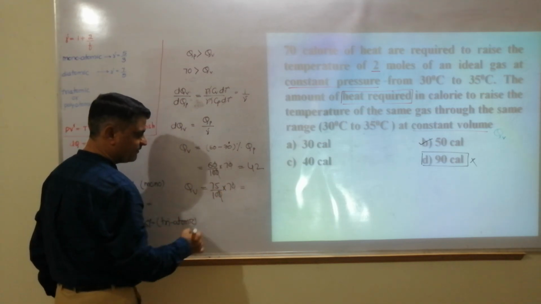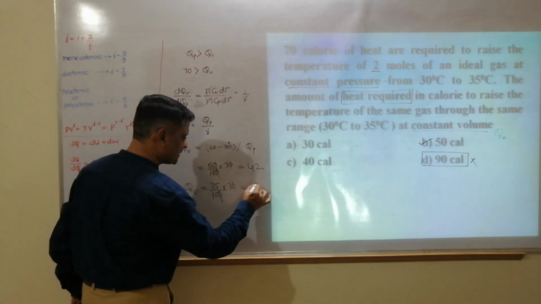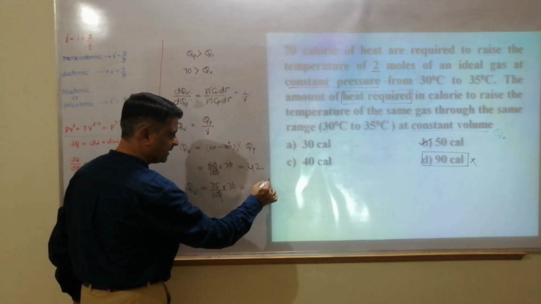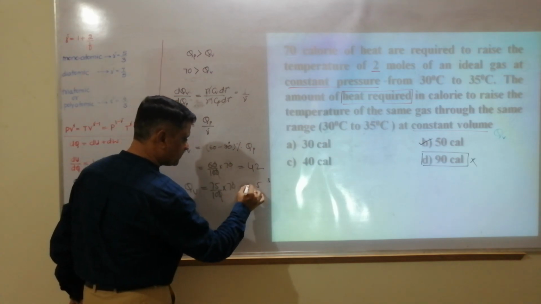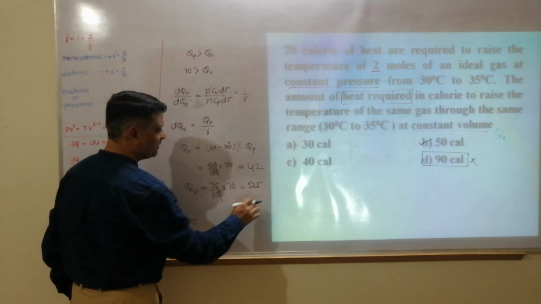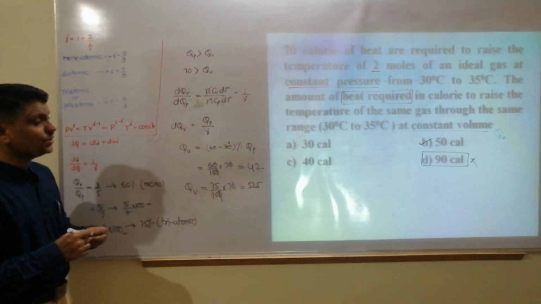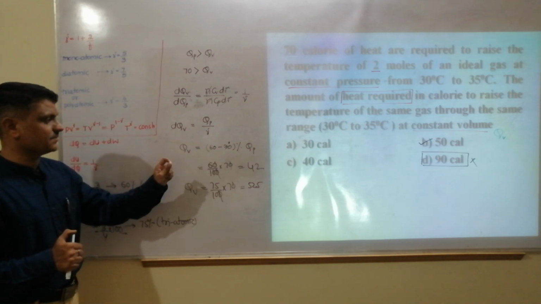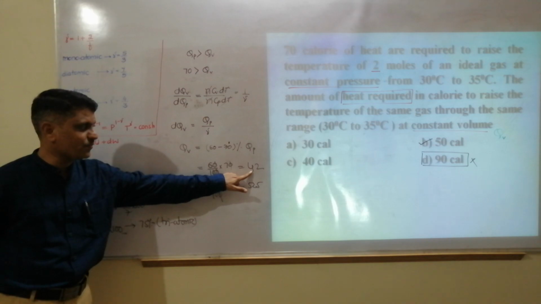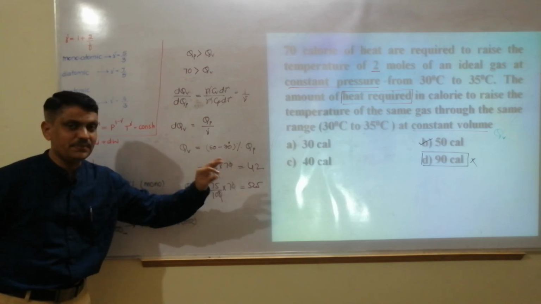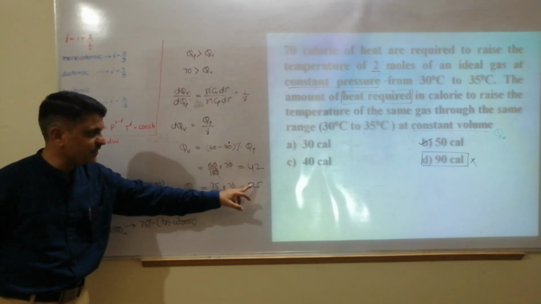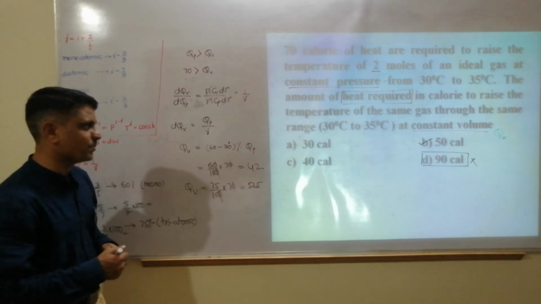See, 75 into 7. 7 5s are 35. Carry 3. 7 7s are 49. 49 plus 3 is 52. 2 divided by 2 means it is 52.5. So our required answer varies from 42 to 52.5. So here, which lies between 42 to 52.5.